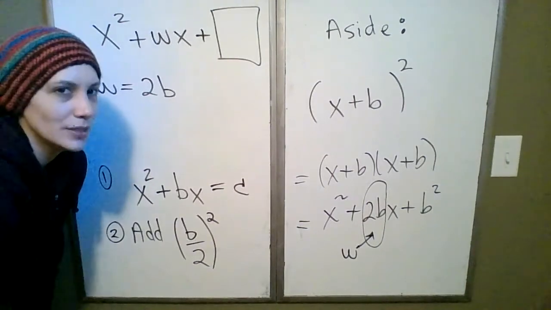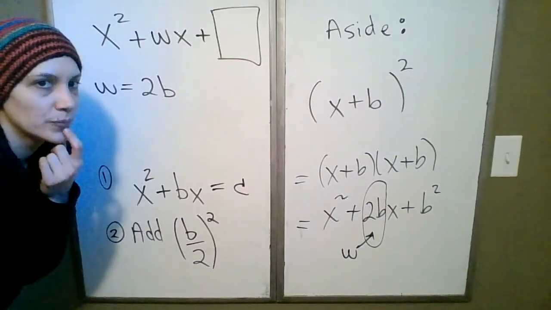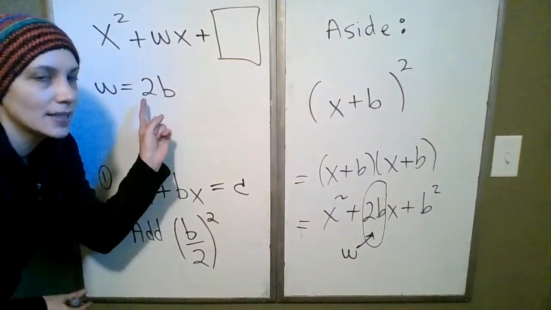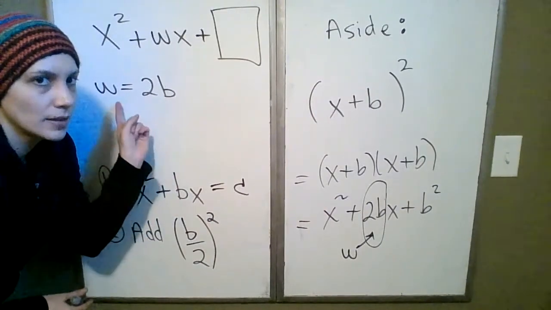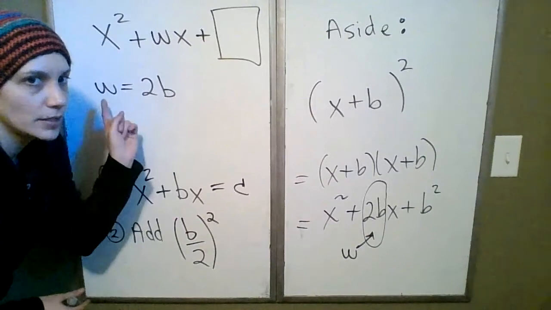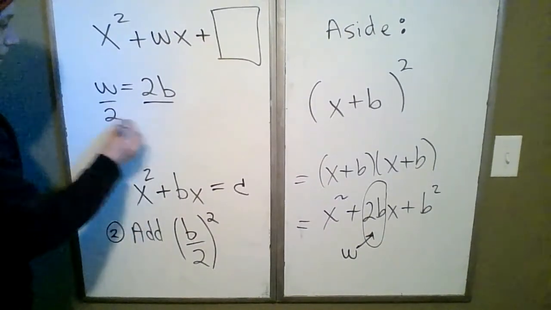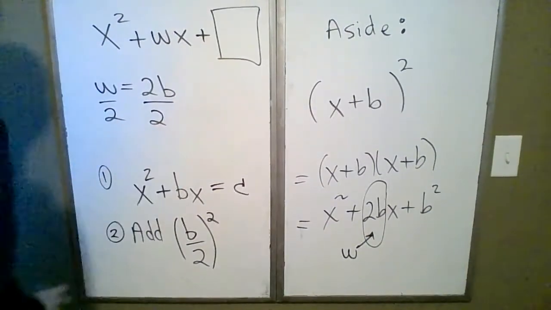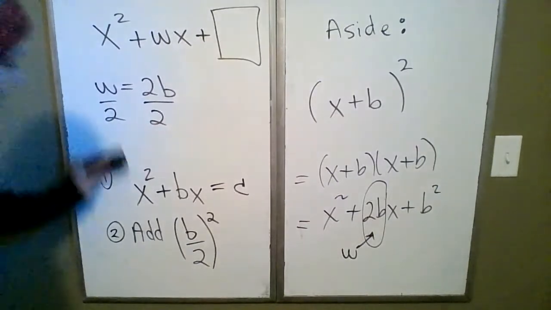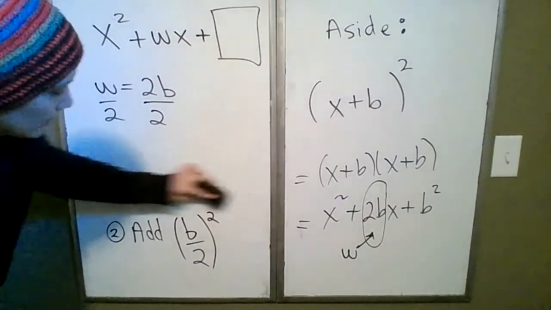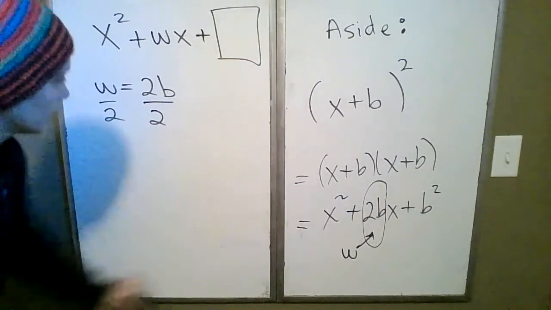Okay, yeah. Take w, take both sides and divide by 2. And that leaves b on this side.